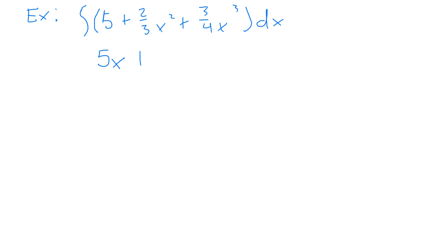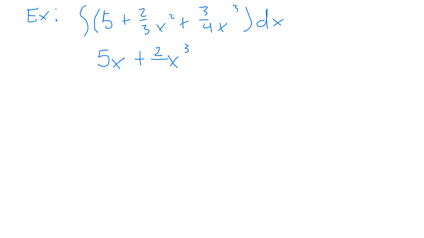Now our 2/3 x squared. I usually like to pay attention first to the exponent. We know we're going to have to add 1, so that's going to be x cubed. Now we have to think about how we get this 2/3 if we reverse engineer back to a derivative.